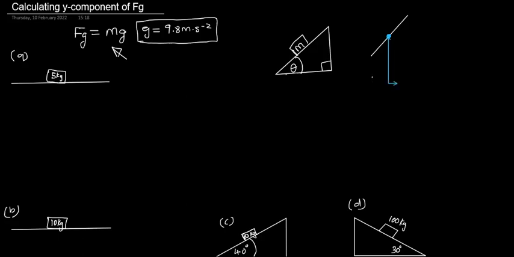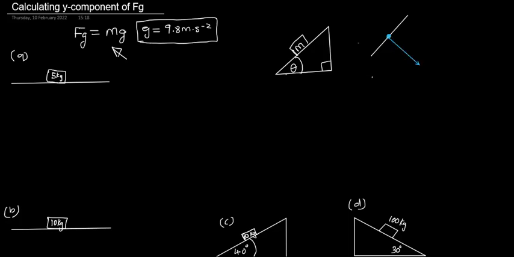Okay, I think I did it wrongly there. So let's do this. We want a line that is perpendicular to that surface. So there is a line that is perpendicular to that surface, so we draw it like that.